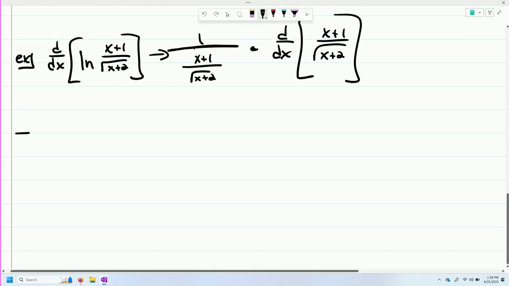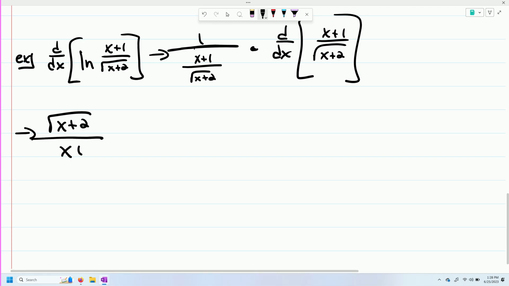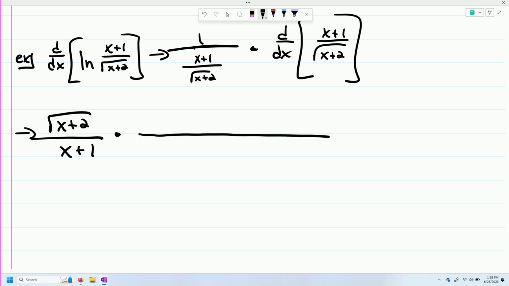So let's multiply by that reciprocal. That's done. Now we're going to multiply this by the quotient rule.